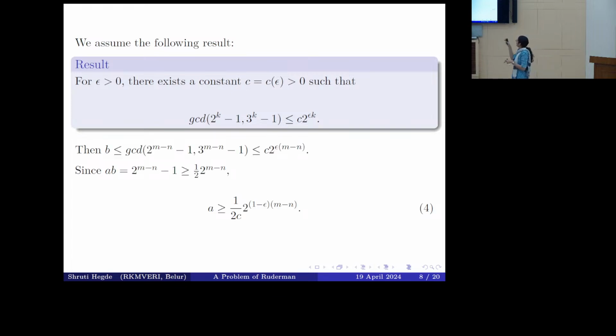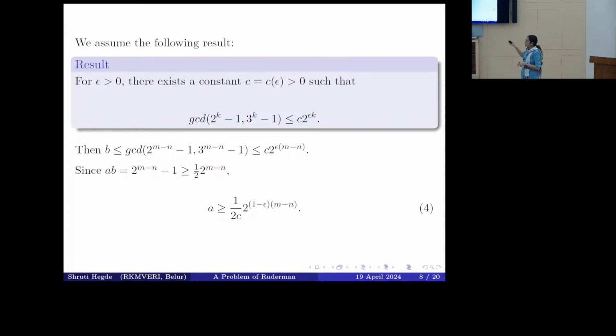And since b was dividing the GCD, it has to be less than or equal to that GCD, and in turn the GCD is less than or equal to this one. And since ab was equal to 2^(m minus n) minus 1, it has to be at least greater than or equal to half of that. So you get a lower bound for a in terms of m minus n. Is this clear?